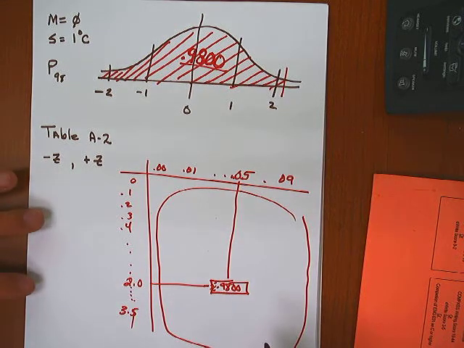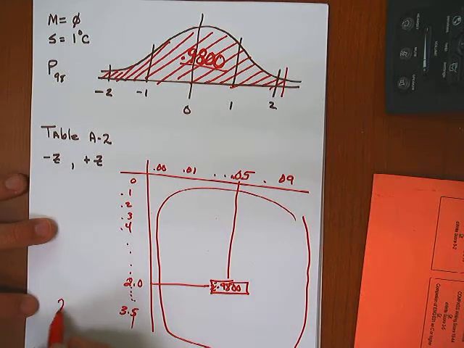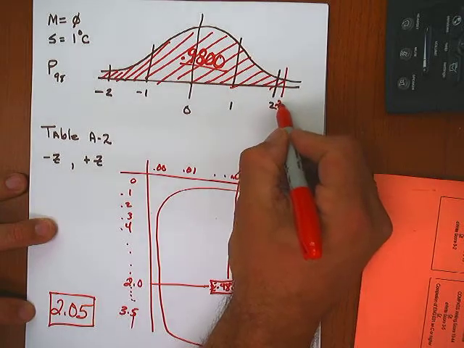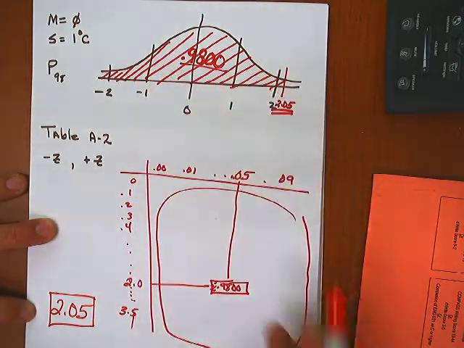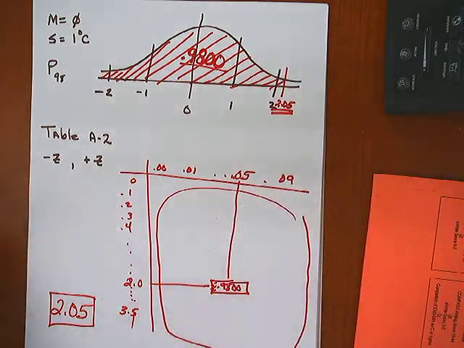I'm going to put approximate there because I believe the answer comes out to be 2.05. So at 2.05, you have the 98th percentile, and of course over here is the 0.05, or 0.02, I'm sorry.